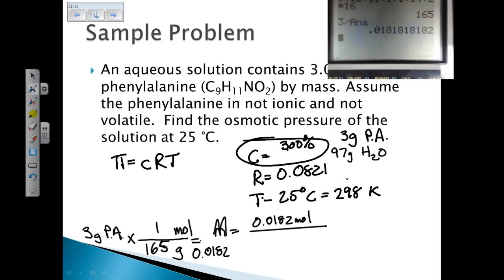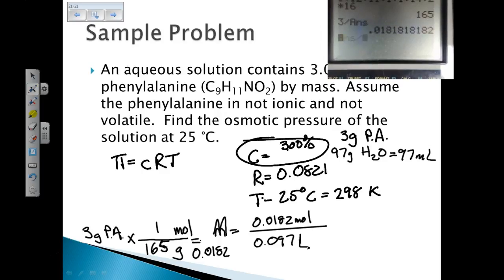Now we're in grams. The assumption with water, unless otherwise stated, is that 1 gram of water will always equal 1 milliliter of water. So that means we have 97 milliliters, which is equal to 0.097 liters.